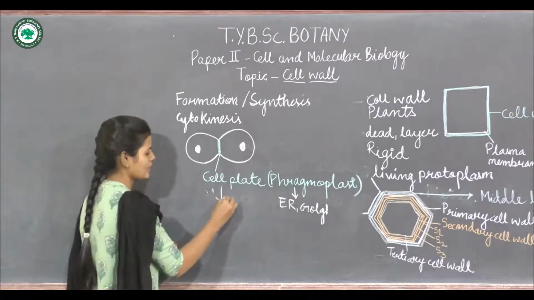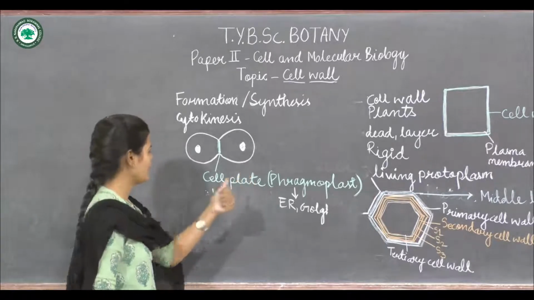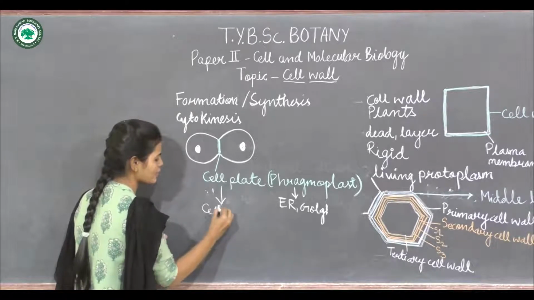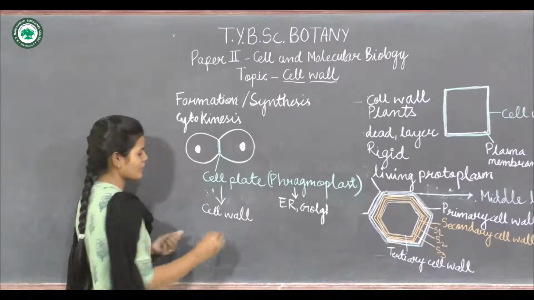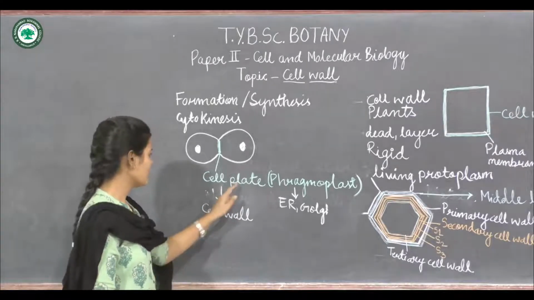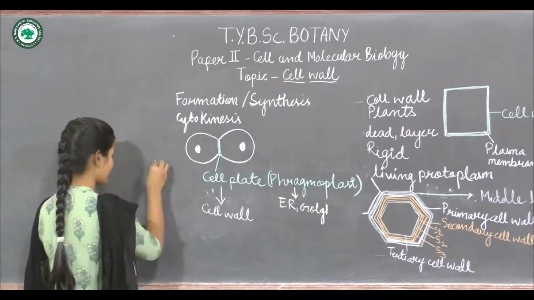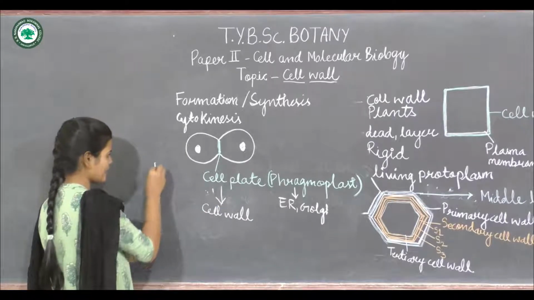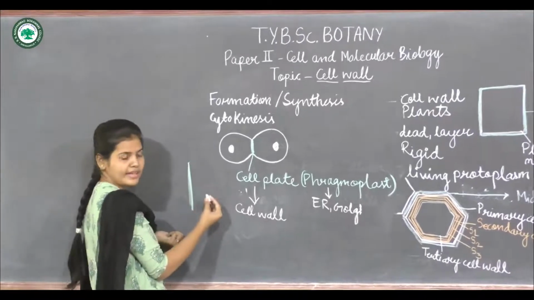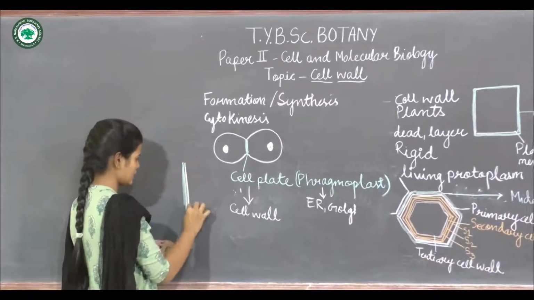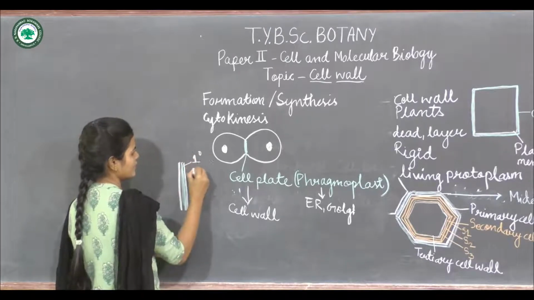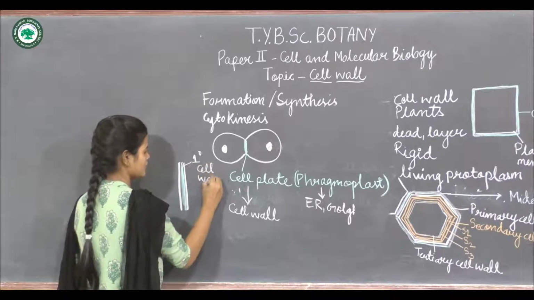So this is how the cell wall will be synthesized. From the cell plate there will be the origin of a cell wall. Suppose this is a phragmoplast, a cell plate here. So what will be happening? From both the sides there is formation of a primary cell wall.